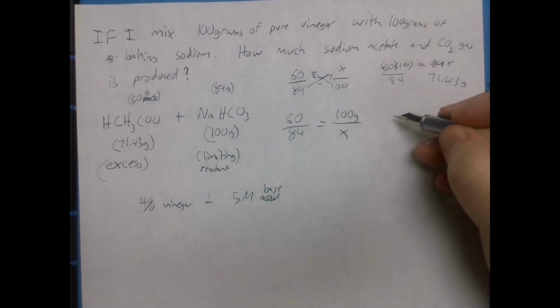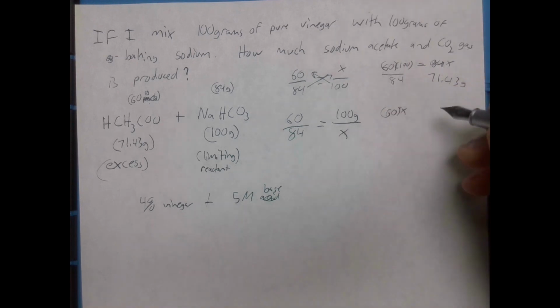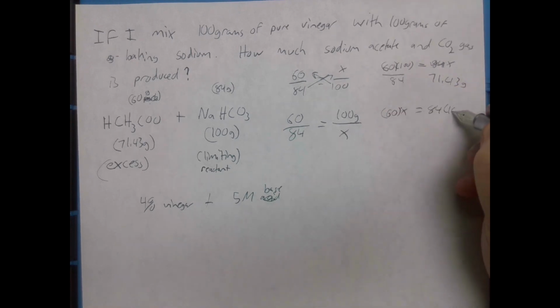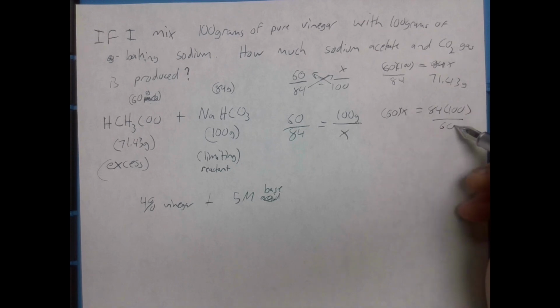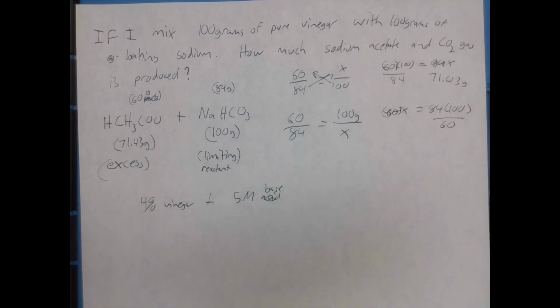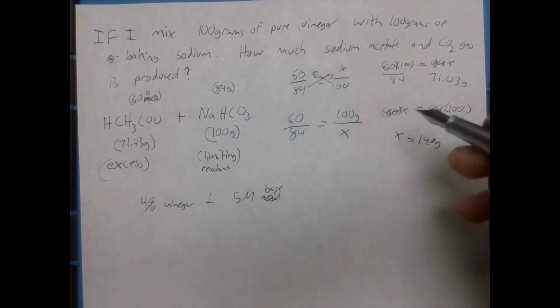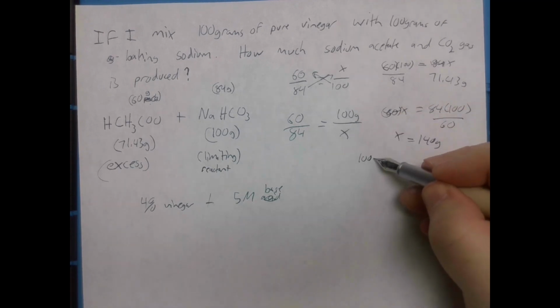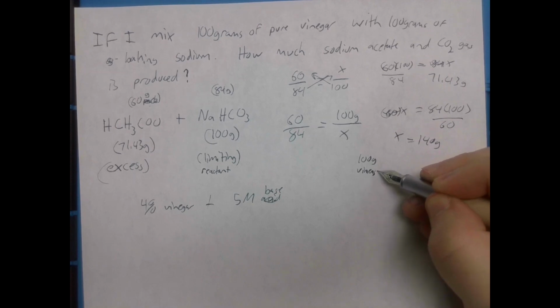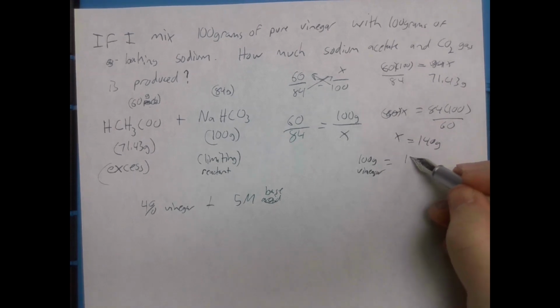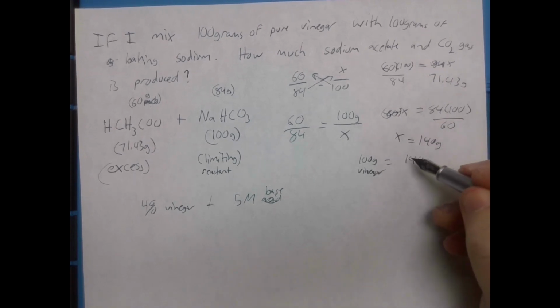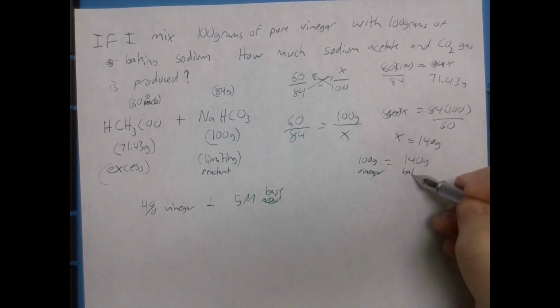Again, cross multiplying, I see 60 times X, and then 84 times 100, divide by 60 on both sides. And I see that the amount of baking soda that I need is 140 grams. So the ratio here is 100 grams of vinegar is equivalent to 140 grams of baking soda.